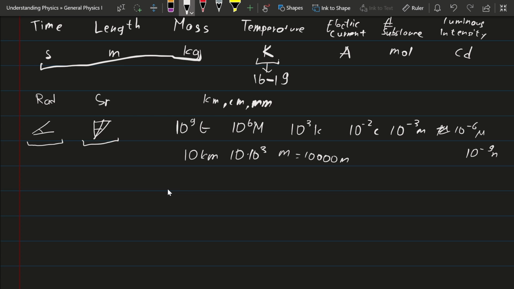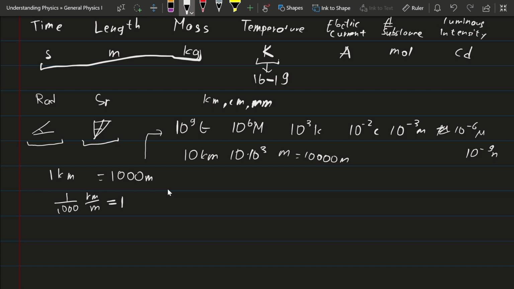The way that I always love to think of it is that if you have 1 kilometer, this means that you have 1,000 meters, which you have already figured out from these prefixes. And so you could actually figure out that 1 over 1,000 kilometers per meter is equivalent to you saying 1.